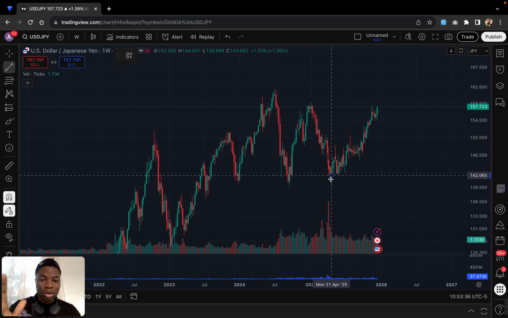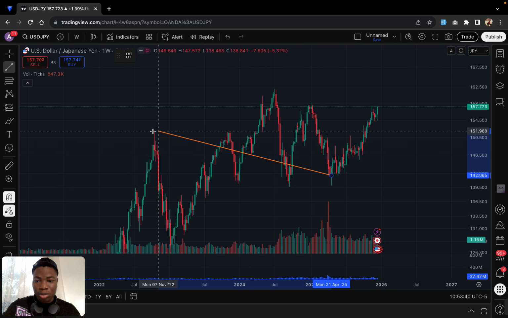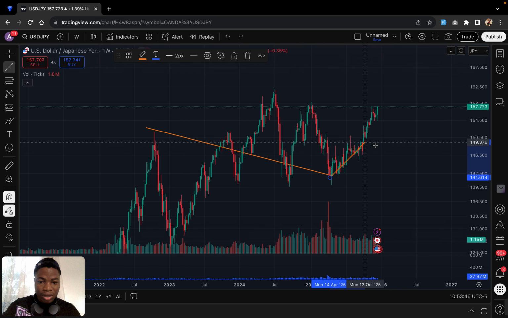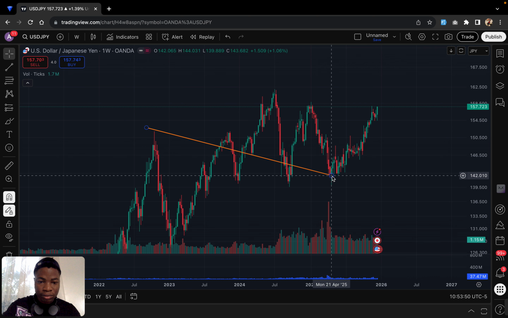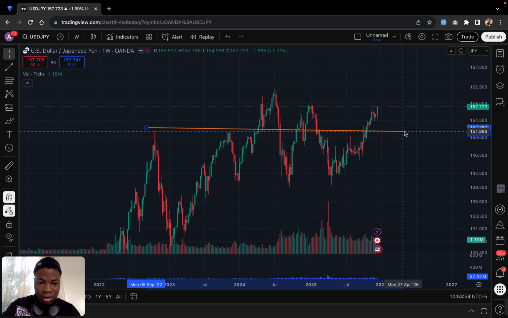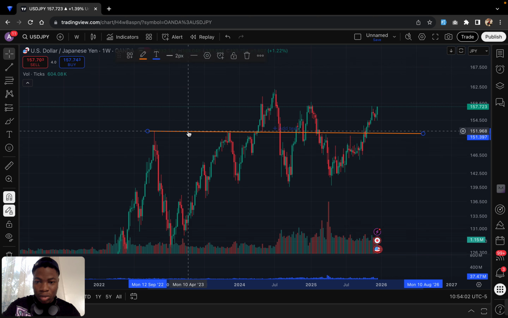Then, to help you guys, let me draw a strong support on the weekly. I'm just going to move it here. Yes, this is a strong support on the weekly time frame.